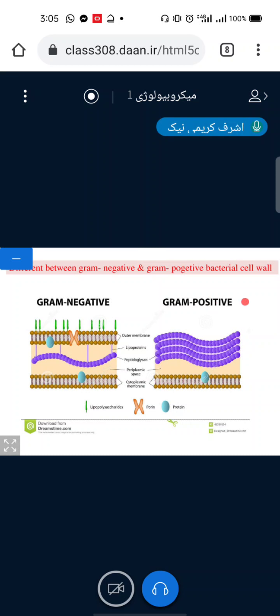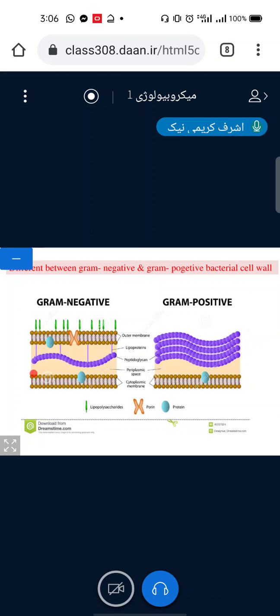In gram-positive bacteria, you can see peptidoglycan, many layers of peptidoglycan in blue color.